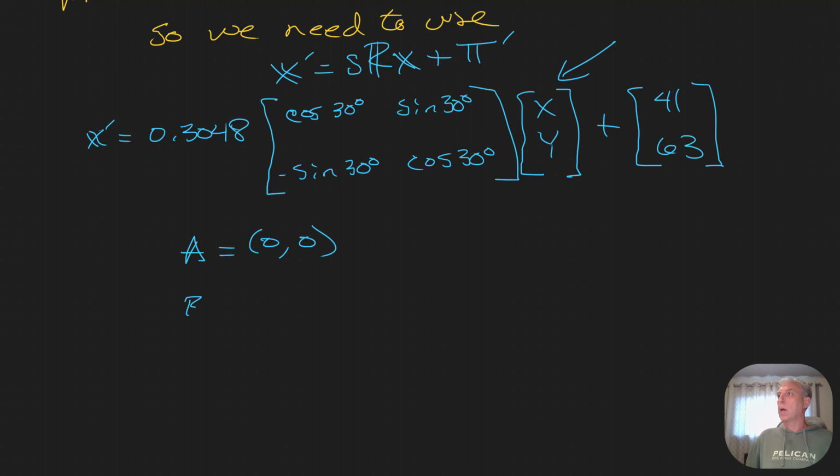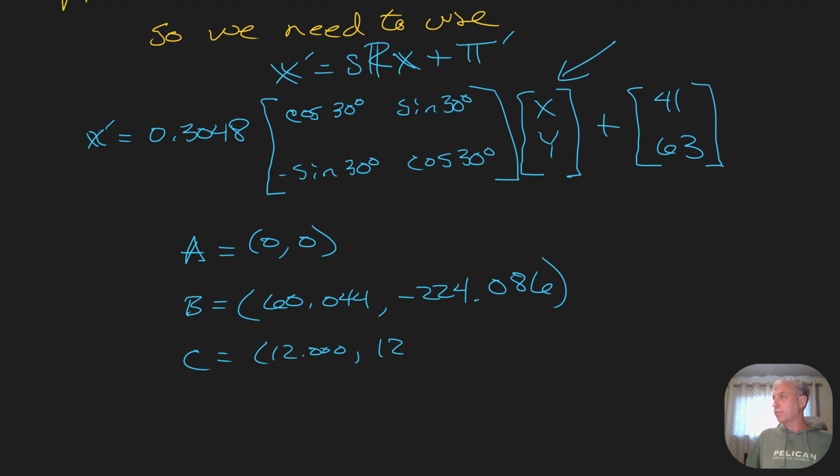B equals 60.044, and negative 224.086, and C equals 12.000 and 12.000, and these are in international feet, right? Because these are the coordinates in the original reference frame.